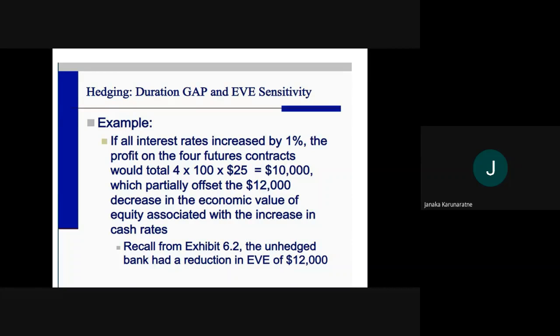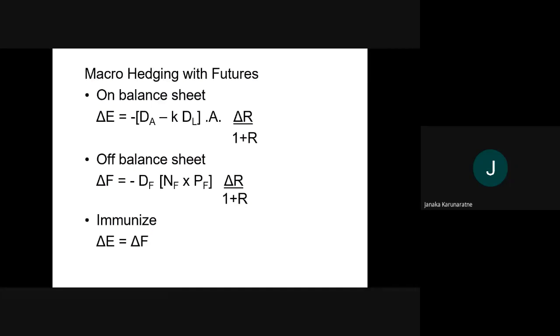This is the way the banks minimize their balance sheet position. Depending on your structure, you can either do micro hedging, targeting individual assets or liabilities, or macro hedging, targeting the entire balance sheet. So macro hedging with futures is a pretty simple way of doing it.